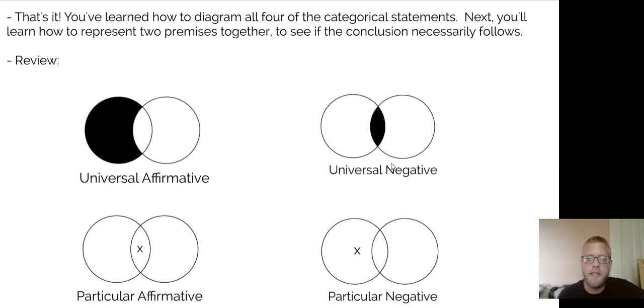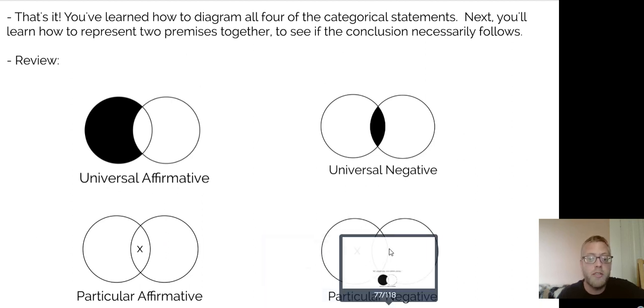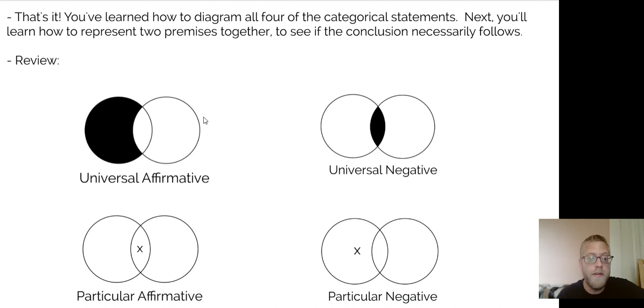I don't have any exercises for this because really I'd have to have you draw circles. You'd have to take a picture or something, but I don't want it to get too complicated. So for now, I'm not going to have you do any exercises, but please take some time to study each of these four and really get them in your head. So that next time, when we actually use the visualization technique to see if the argument is valid, you'll know how to do it. You'll be comfortable doing it.